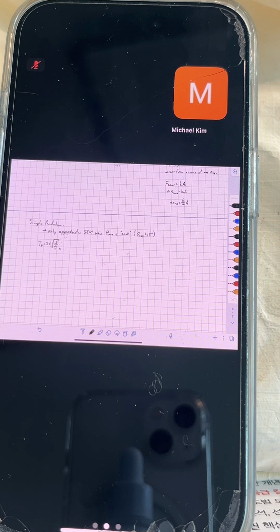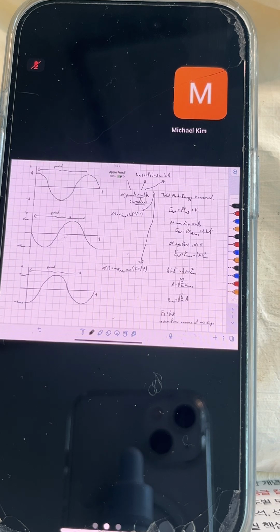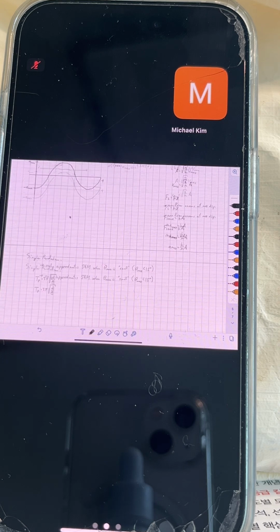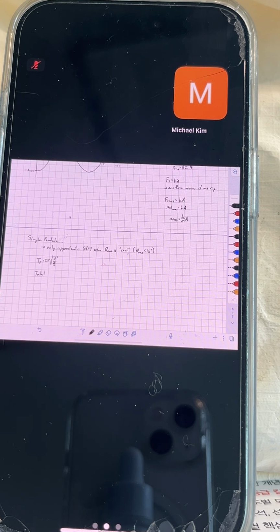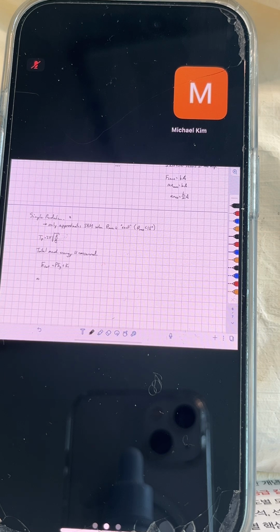Okay. And so then, of course, again, like with this case, we could use the fact that total mechanical energy is conserved. Right. And so in this case, our E total, this is going to be whatever our gravitational potential is, plus K. And so this told us at kind of max displacement, our E total equals our maximum gravitational potential, which is mgh max.